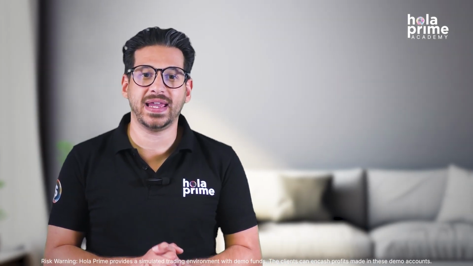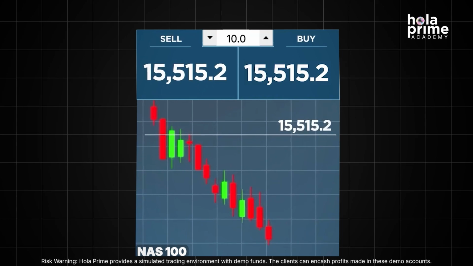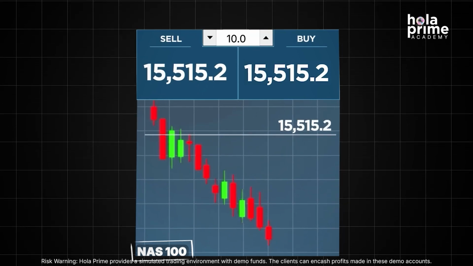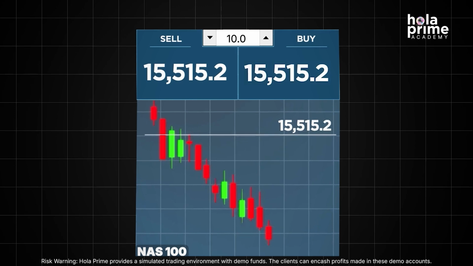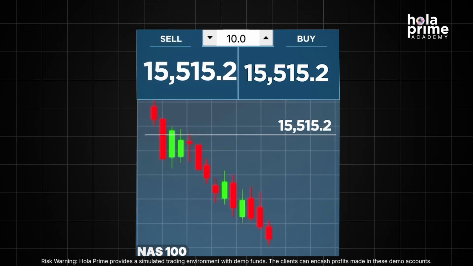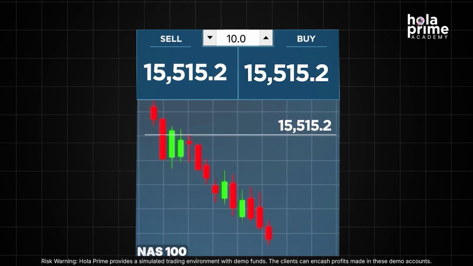Now, let's switch gears and talk about trading in a falling market. This time, imagine you anticipate that the price of the NAS 100 is going to go down. So you decide to place a sell or short trade of NAS 100 CFDs at its current price of $15,515.2.